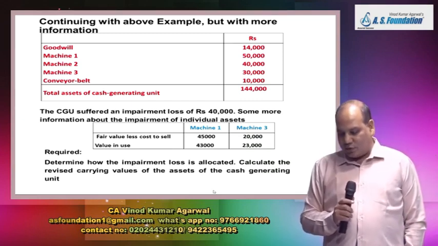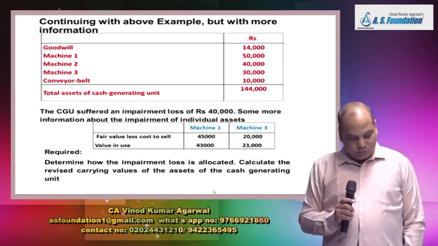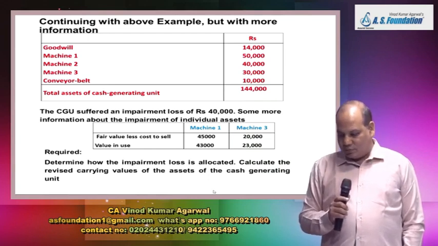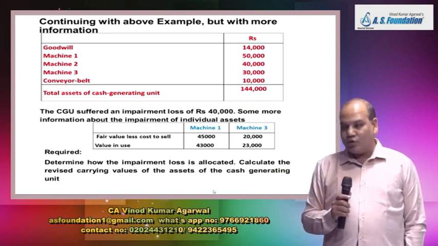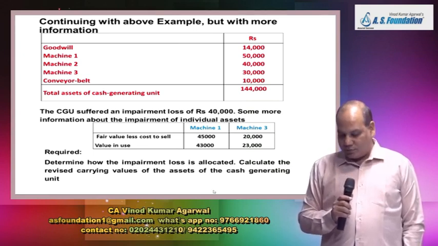Total assets of CGU 1,44,000. Next line it is written, the CGU suffered an impairment loss of rupees 40,000.